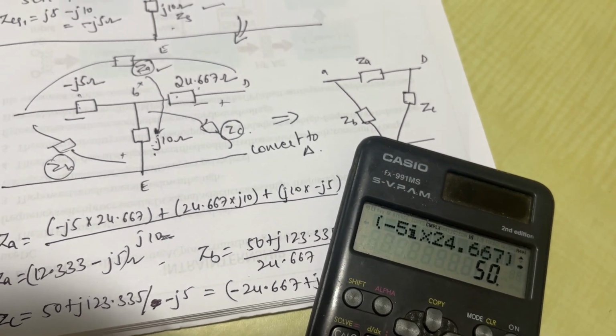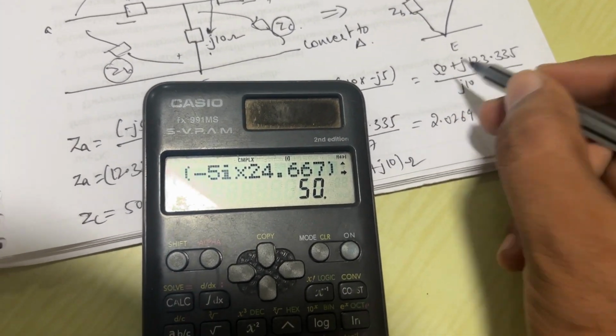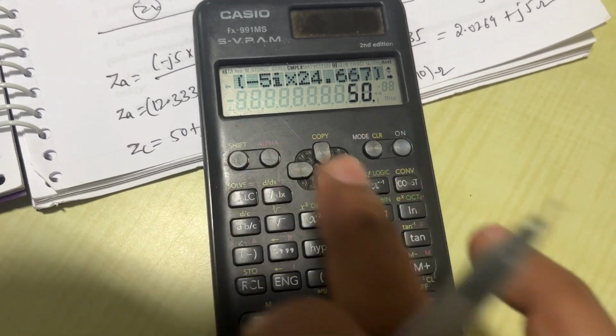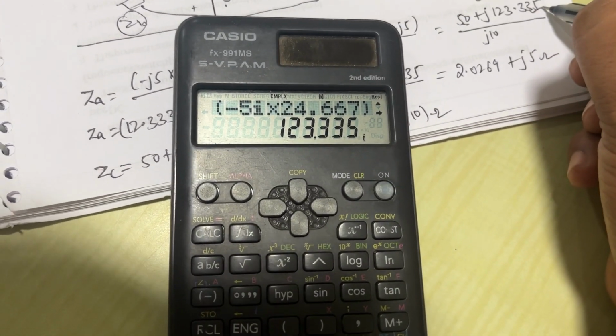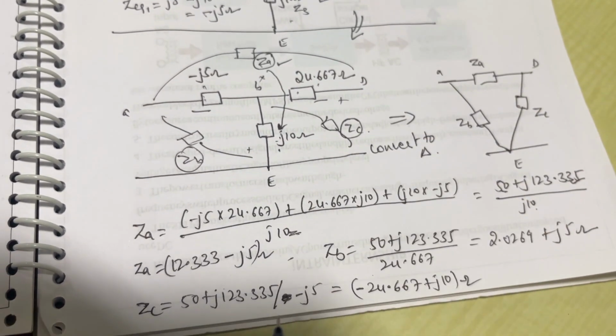So you'll get the numerator value, where the real value is 50. If you want the imaginary value, press shift and answer, you can get the imaginary part. 50 plus j123.335.